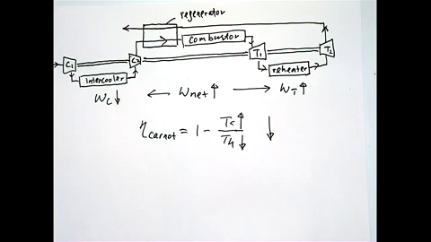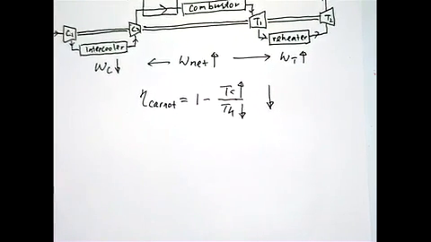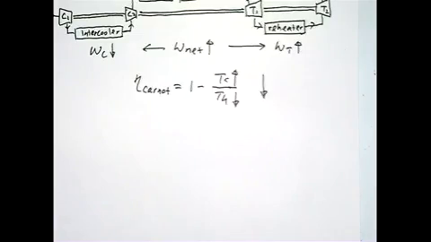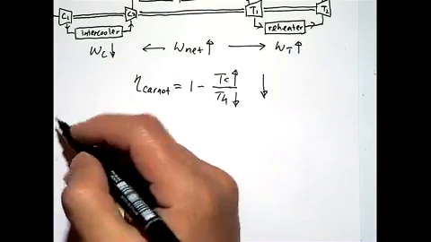What I want to do next is to draw a TS diagram for this cycle, which is a bit complicated, but should be pretty straightforward if you follow the process.